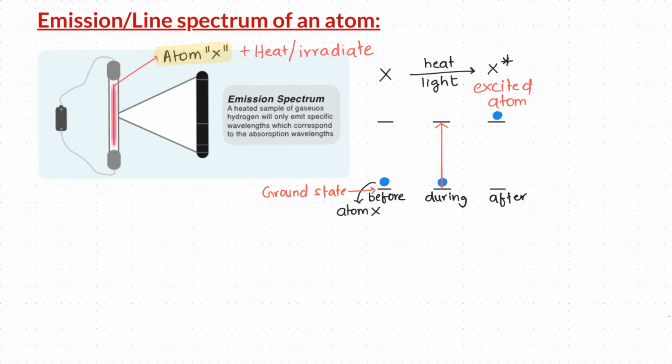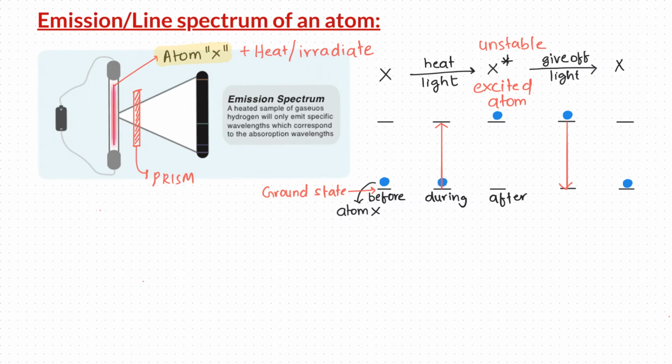These excited atoms are unstable and they give off the excess energy that they absorbed in the form of electromagnetic radiation. If we pass this electromagnetic radiation coming out of the excited atoms through a prism, it will split the electromagnetic radiation into individual wavelengths as discussed before.